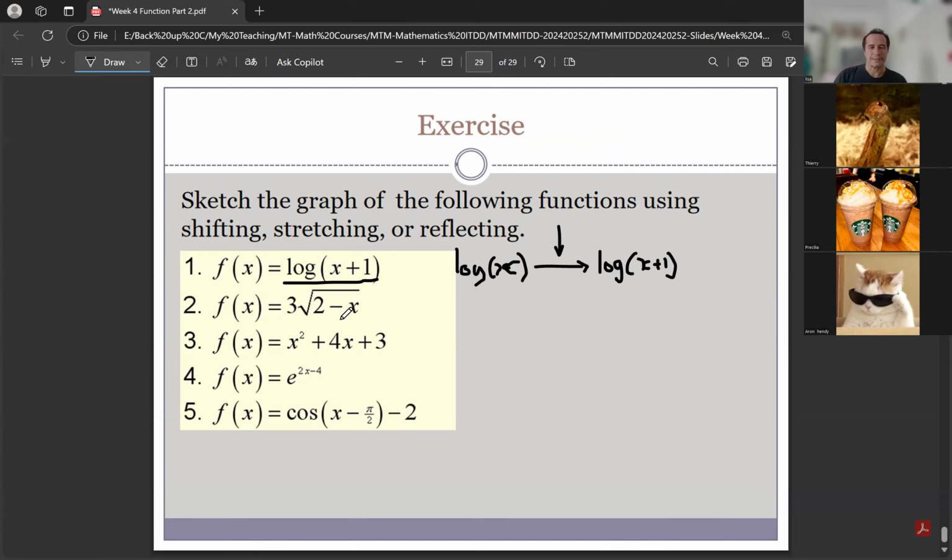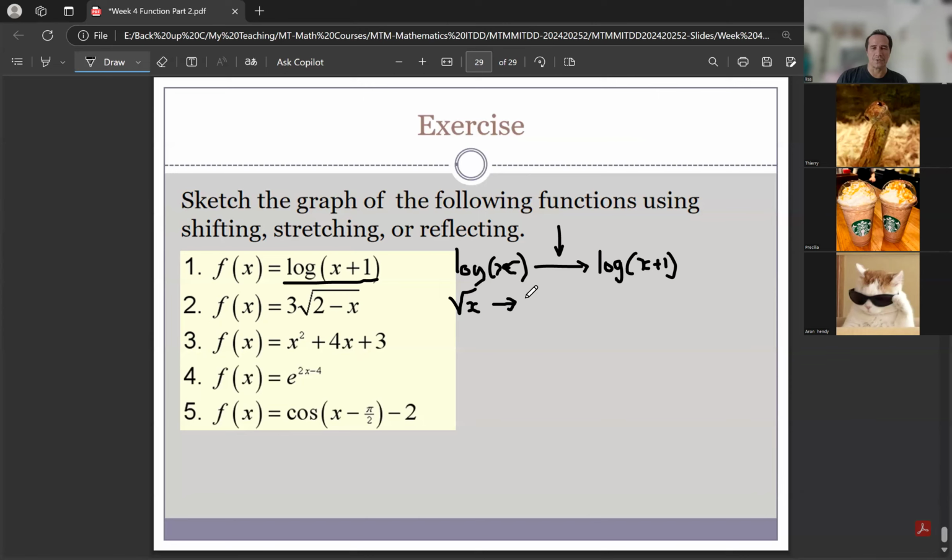And the original will be this one, minus the square root of x.